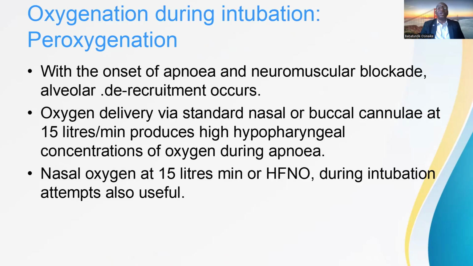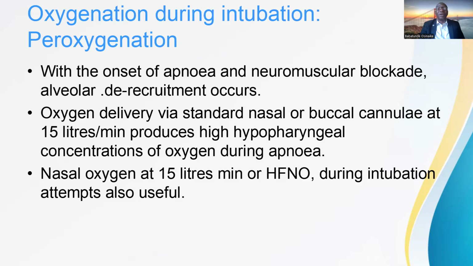In a study that we did in UCH Ibadan, we put a nasopharyngeal catheter. That was how we were giving oxygen, and we compared that to other means like the nasal cannula, and we found that giving oxygen through a nasopharyngeal catheter, where the tip of the catheter stays in the nasopharynx compared to the nasal cavity, improved oxygenation during intubation.